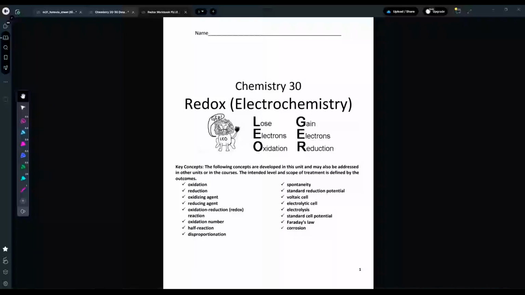In this video, we're going to introduce our electrochemistry unit, which is also known as the redox unit. We're going to be going over some basic terms such as reduction and oxidation, reducing agents, and oxidizing agents.